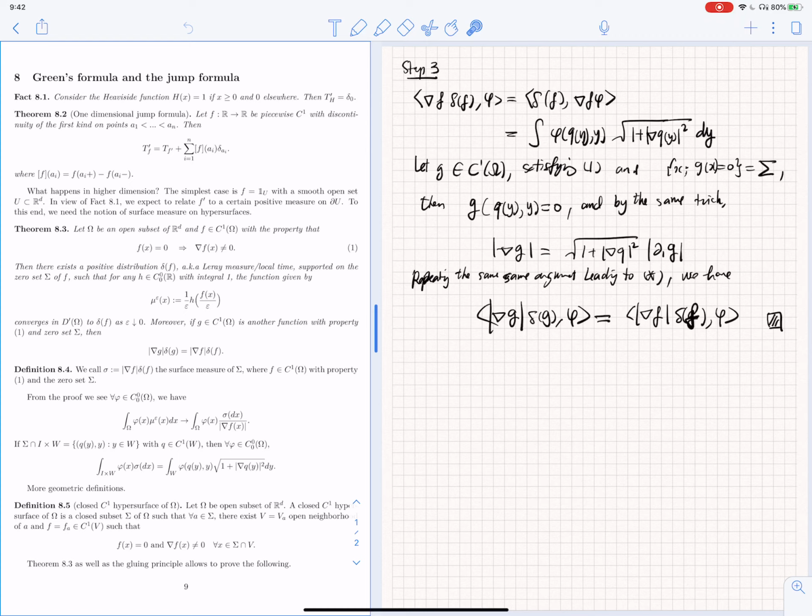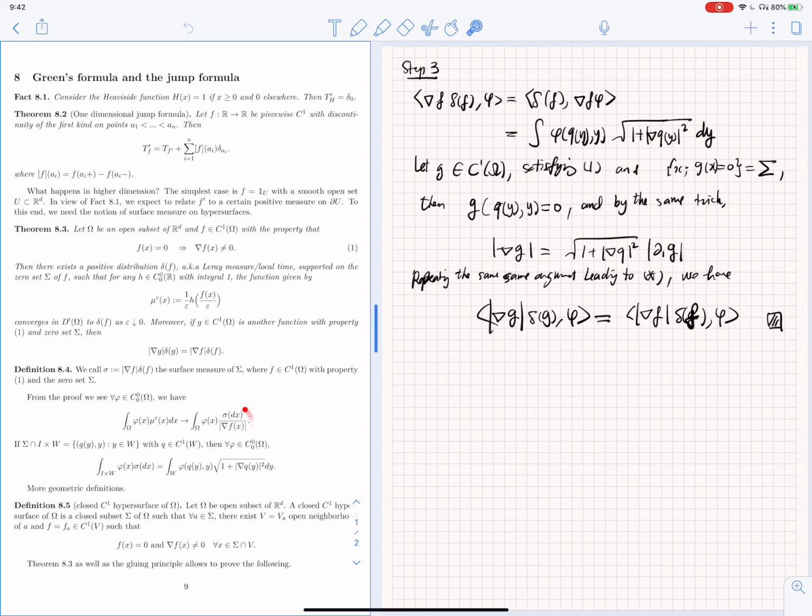All right, so just two more facts before we move on. We have seen from the proof that for any test function, any continuous function with compact support in omega, the convergence of mu epsilon applied to phi is, if we look at the formula for sigma, sigma divided by the gradient of f, which doesn't vanish on the support of the measure, which is sigma.